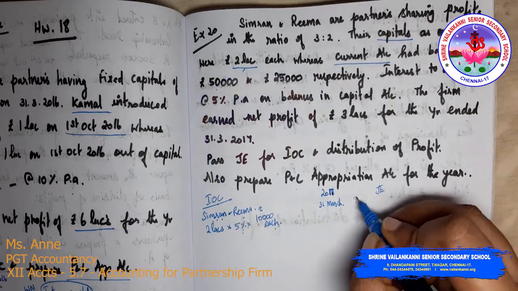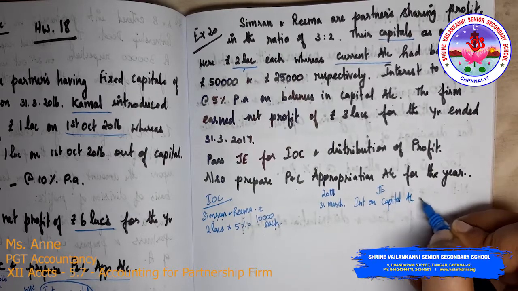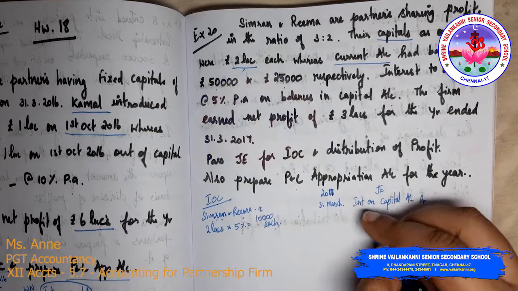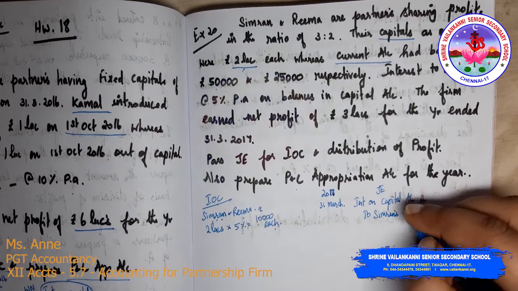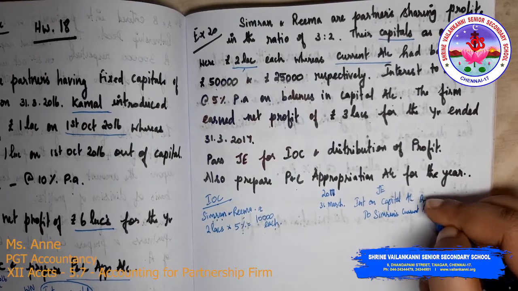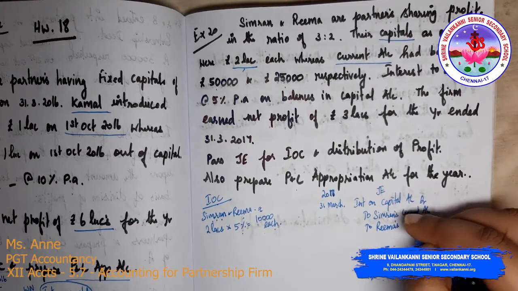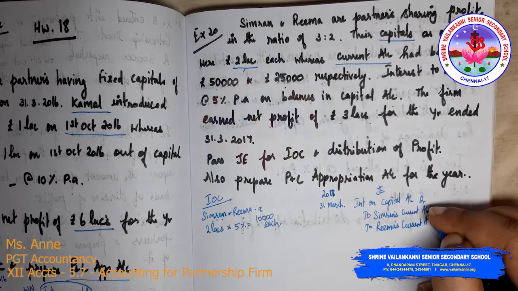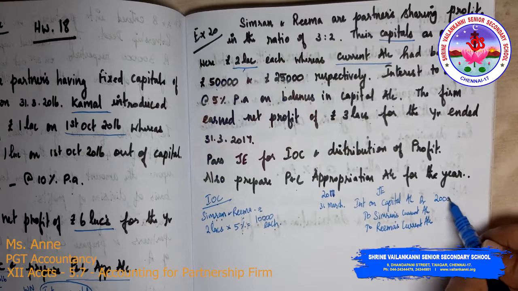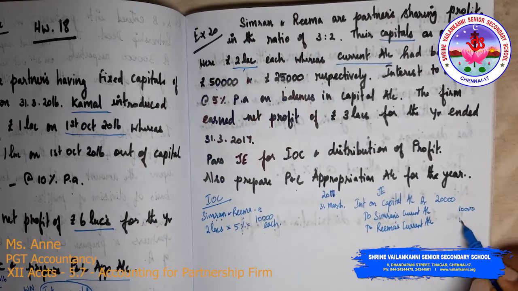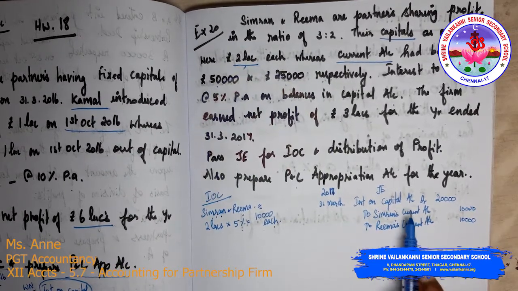In this you have to show interest on capital account debit to Simran's current account to Reema's current account. Okay. So Simran's current account and Reema's current account, we have totally 20,000, 10,000 each. So first journal entry is over. So this is a full-fledged entry, interest on capital.